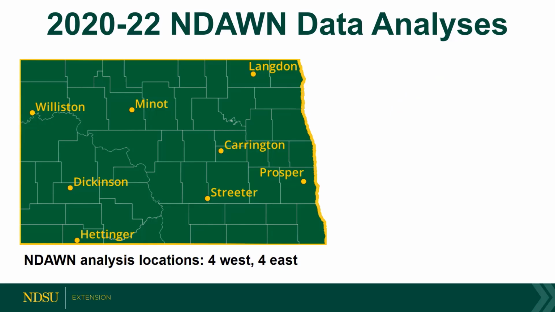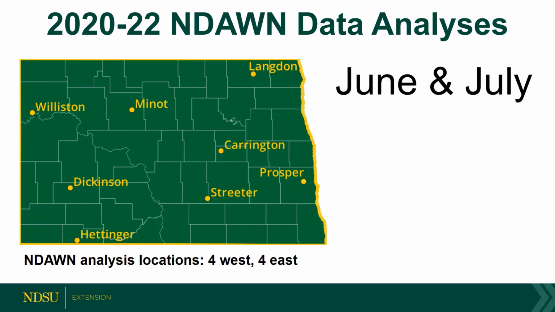Also important to consider is at what time of the day are these conditions going to be a concern? To get at this question, I analyzed some data from NDON from 2020 through 2022 across 4 locations in western North Dakota and 4 in the eastern part of the state.